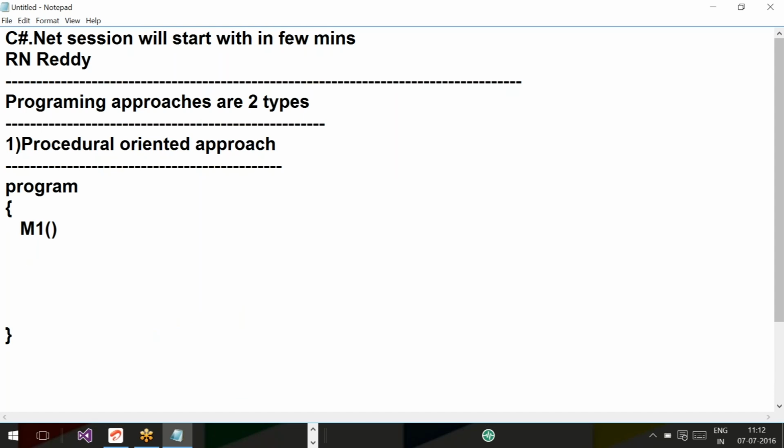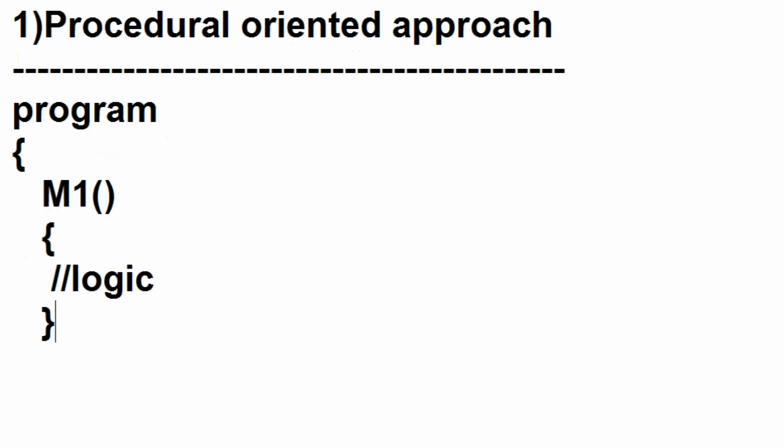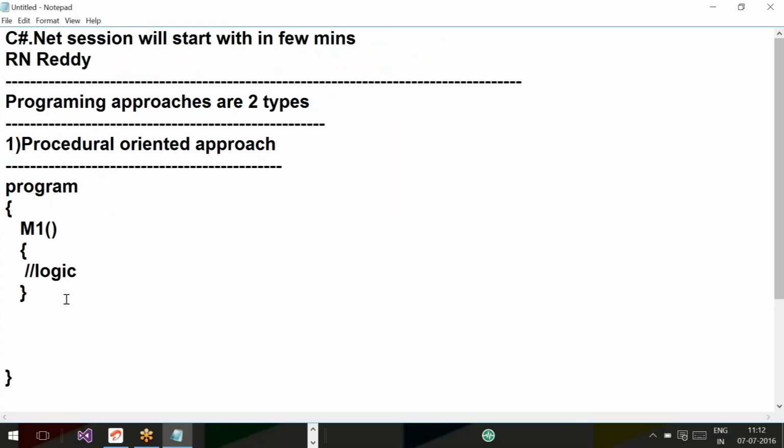M1 is a procedure or method which will contain some logic. M1 is the method name, and this is called the signature part. Generally, a method contains a signature and a method block, which will contain some logic and functionality.